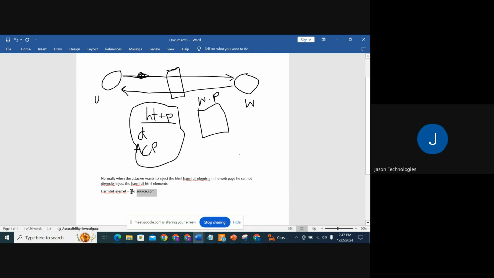If that harmful element is transformed using some algorithm, like encoding normal data into code, so that abc.source.com becomes something like bcd1 capital E to 4, and the attacker sends this to be injected into the web application, the web application might not check that it is a harmful element. It just takes it as normal data.